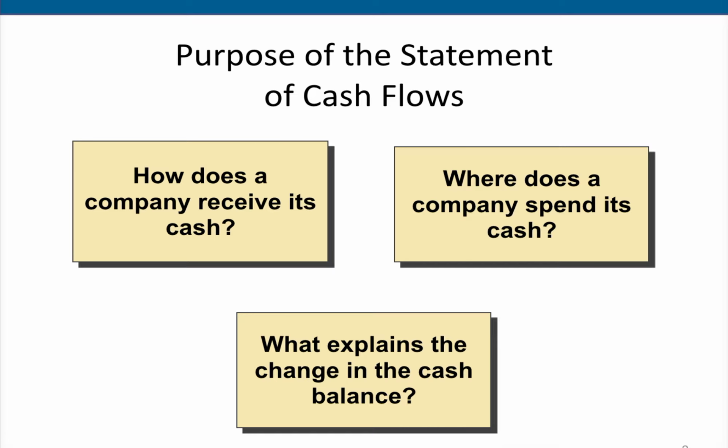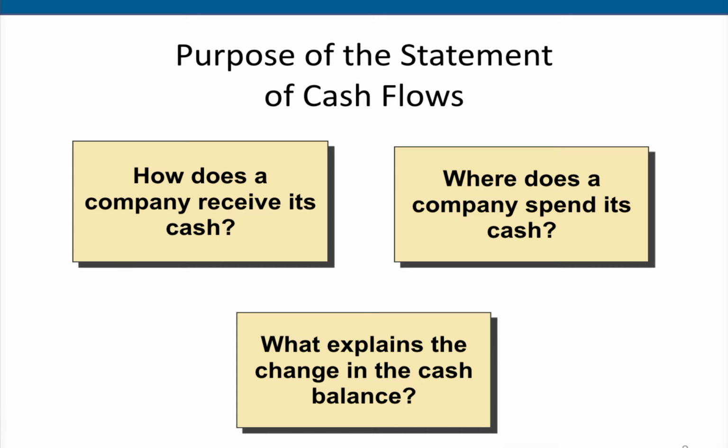It's so important that one account, cash, is so important in a business that one of the four main financial statements we have is solely dedicated to, basically, you look at the T-chart of cash and tell me what's going on there. Well, that's what the statement of cash flows is. Okay, tell me all about what's going on with cash.